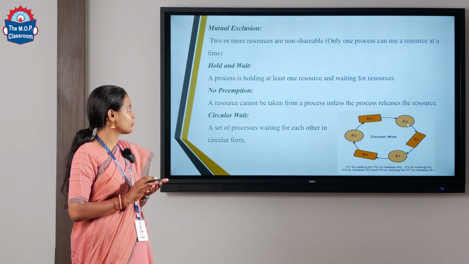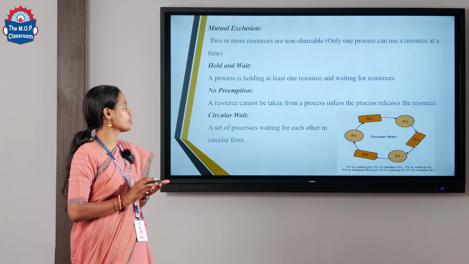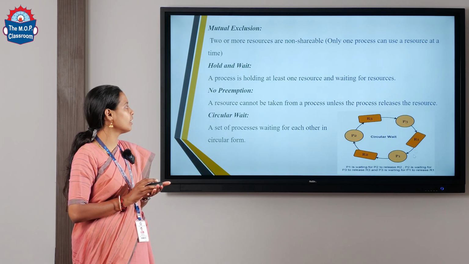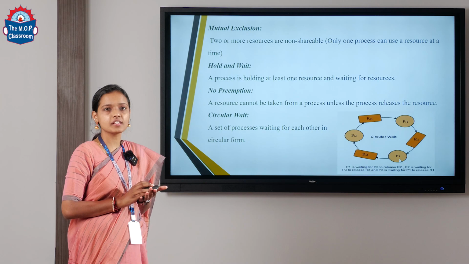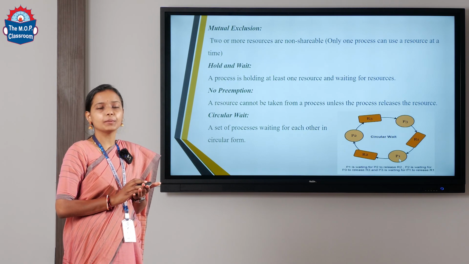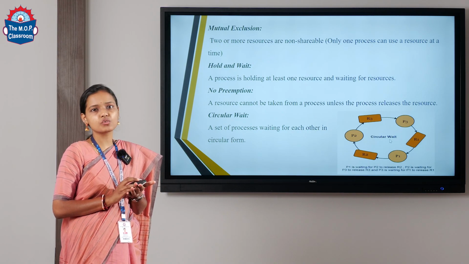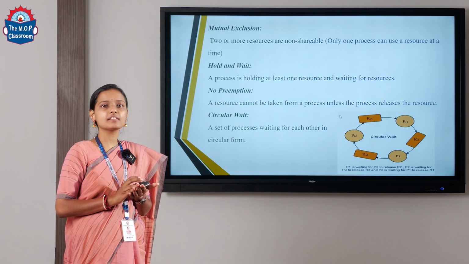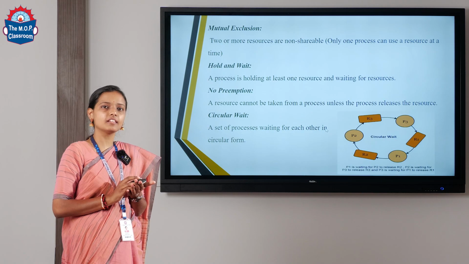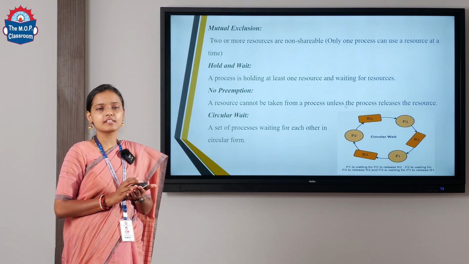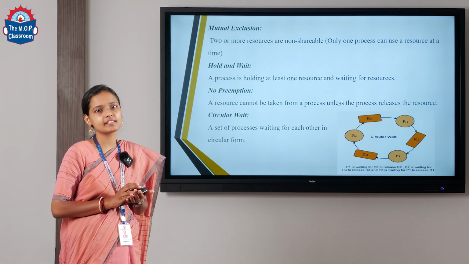And process P3 is requesting resource R1 which in turn is held by process P1. So the processes and the resources here are placed in a sequence of a loop. If the processes and resources are in this particular sequence, then we can say that the circular wait condition is satisfied.